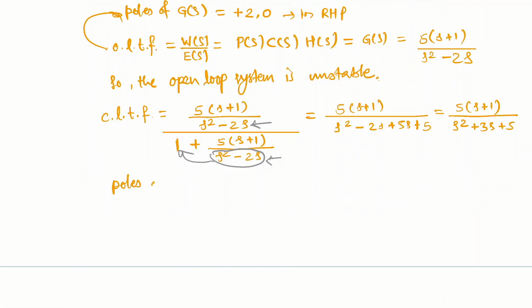Now if we look at the poles of the closed loop transfer function, this would be minus 3 plus minus under root 3 square, which is 9, minus 5 into 4, which is 20, over 2.